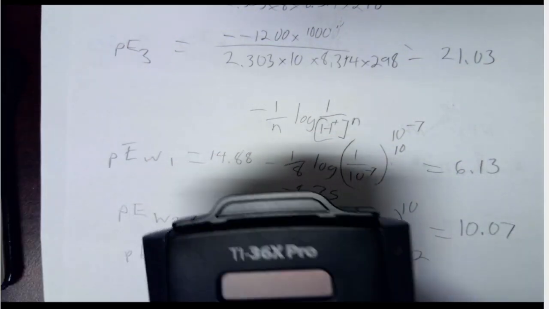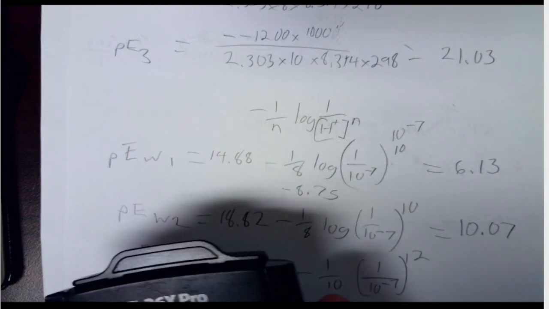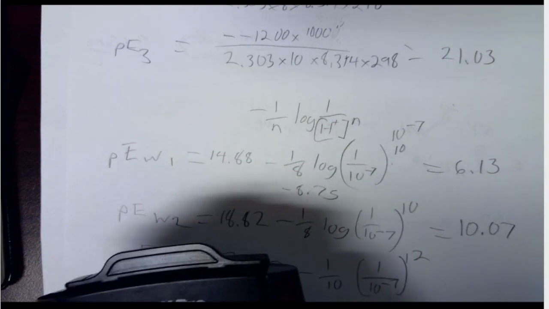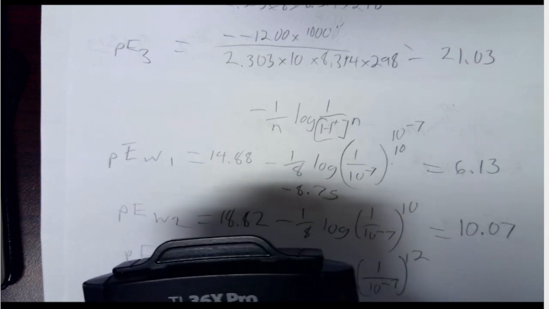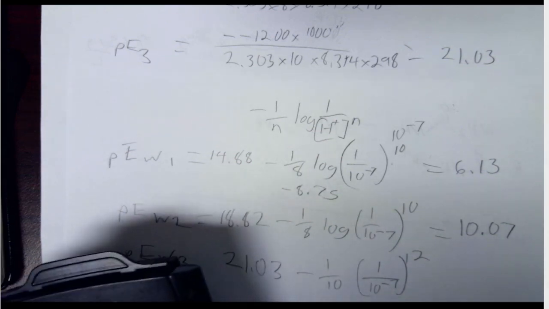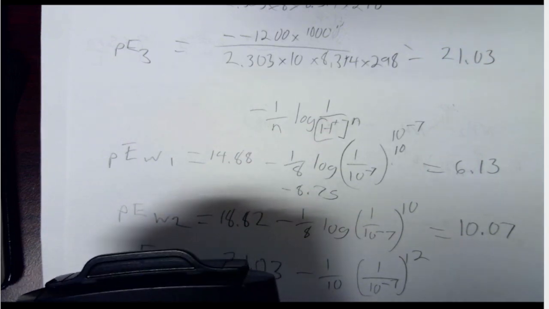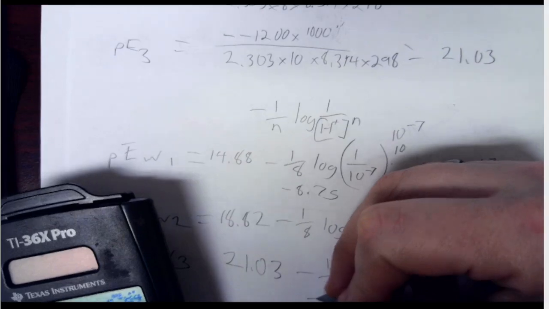So 10 to the negative 7th, 12th power, invert that, logarithm of that, divide by 10. And so you got, this is actually 8.4.